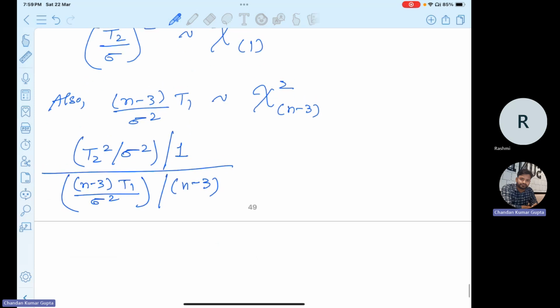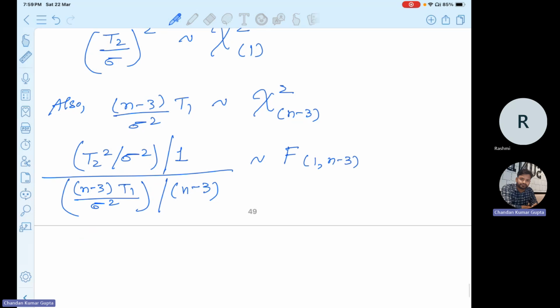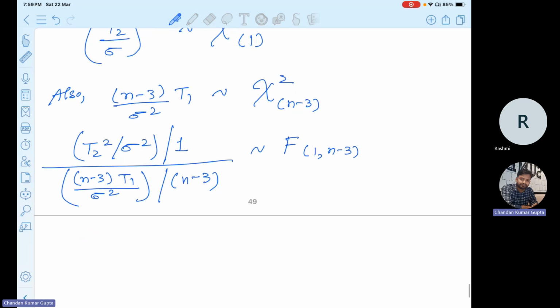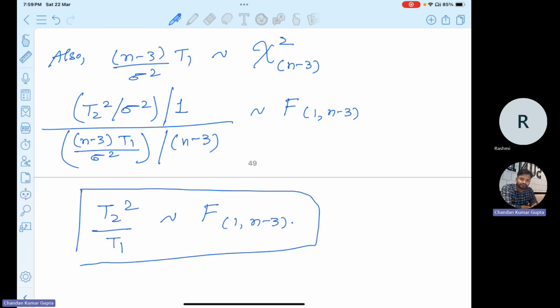So this must follow F distribution with 1 and n minus 3 degree of freedom. When we simplify the left hand side, you will find that it's T2 square divided by T1, and this follows the F distribution with 1 and n minus 3 degree of freedom. So that means the distribution of this part is like this.